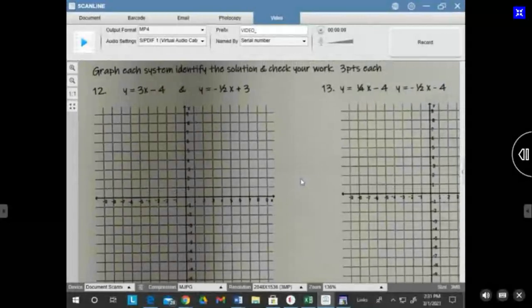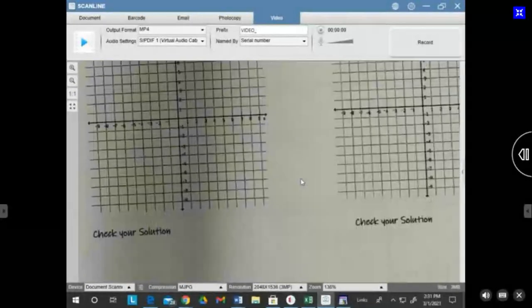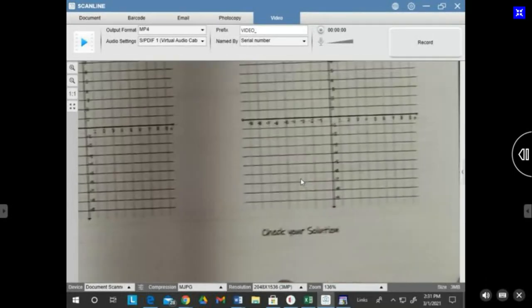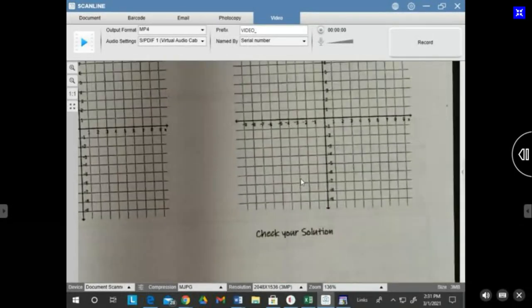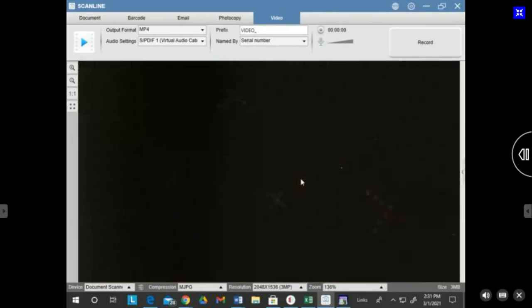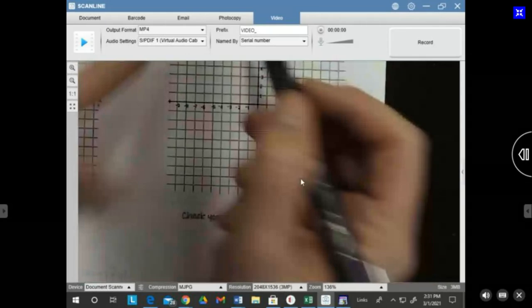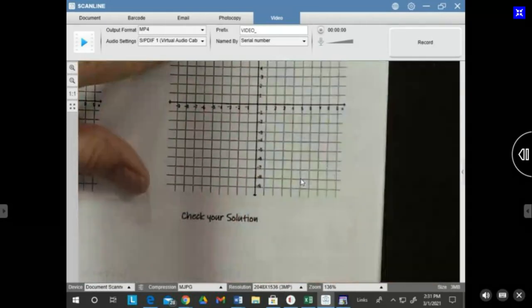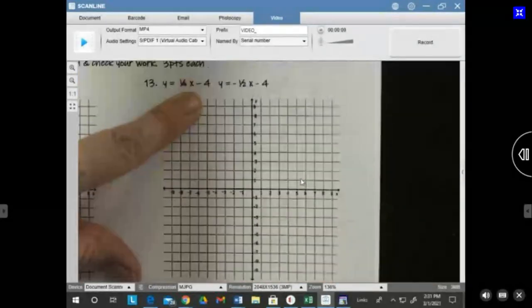Which one do you want to do? 12, 13, or 14? 14. Start with the graph on 13. Where are we going to start? Negative 4. Okay. My starter point is always that end number.